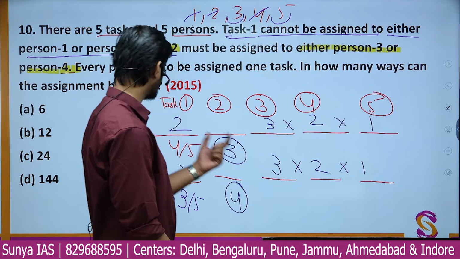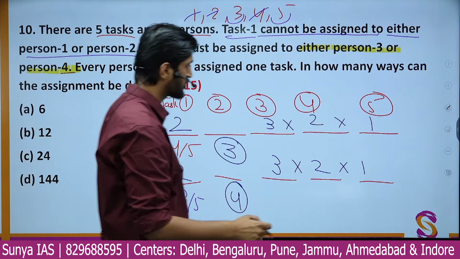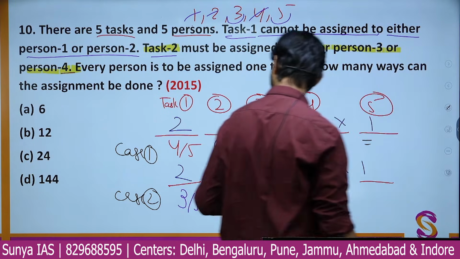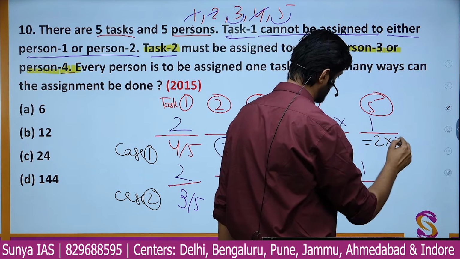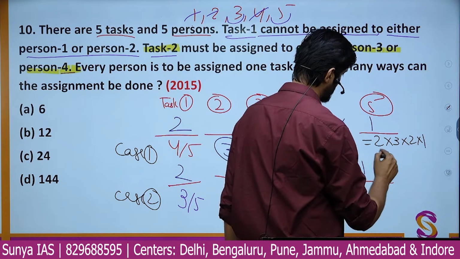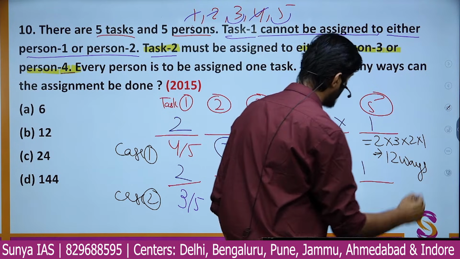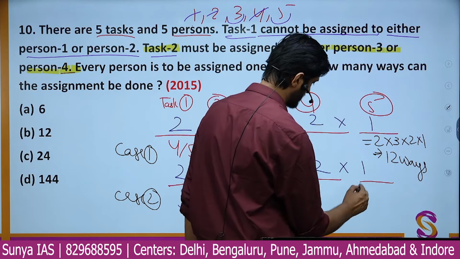So overall, according to case 1, total number of cases will be, let me just write the multiplication on the sidelines. So here we'll be having 2 into 3 into 2 into 1. That is 12 ways. And here also we'll be having 2 into 3 into 2 into 1.